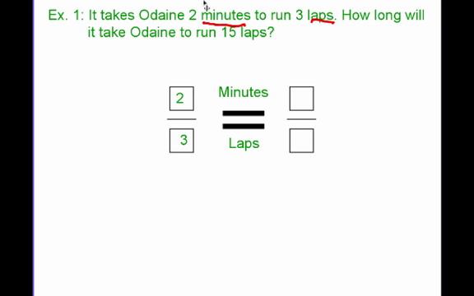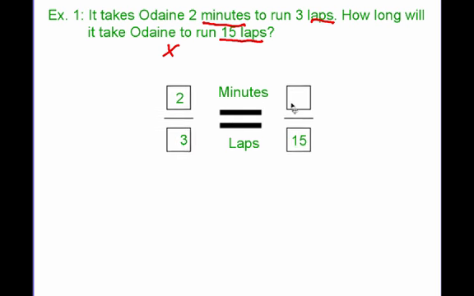We're going to use x for our missing number. We have one number left and it's 15. 15 is the number of laps, so it goes on the bottom. And I don't know how many minutes it's going to take him, that's what I'm being asked. Since I don't know how many minutes, I'm going to say it's x minutes.